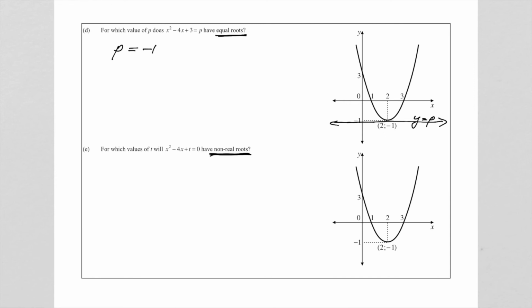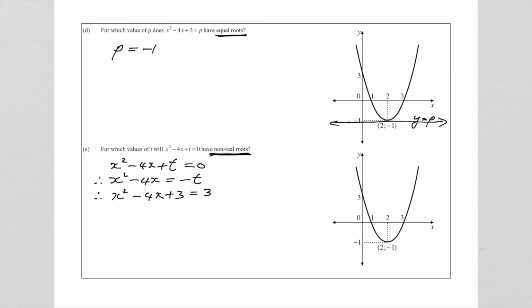But let's just look at this given function before we find the solution. In this function, they say that x squared minus 4x plus t is equal to 0. Because we want to use the graph to find the solution or solutions, we're going to say x squared minus 4x equal to minus t. So I'm going to move the t to the right. And now I'm going to add 3 on both sides.